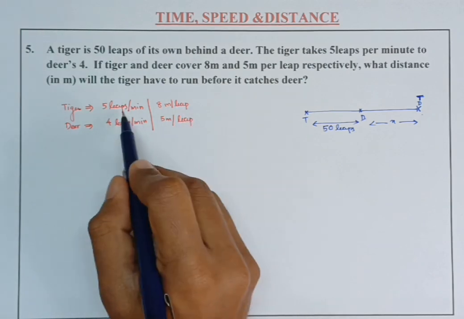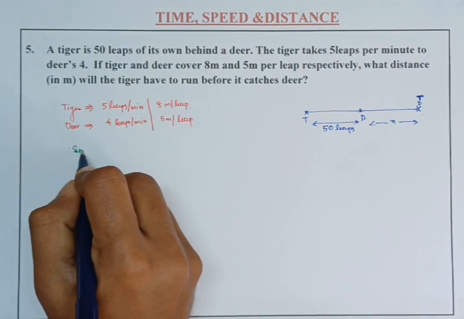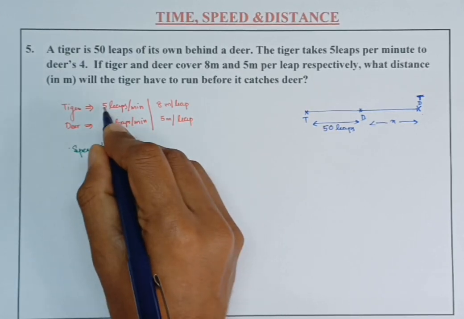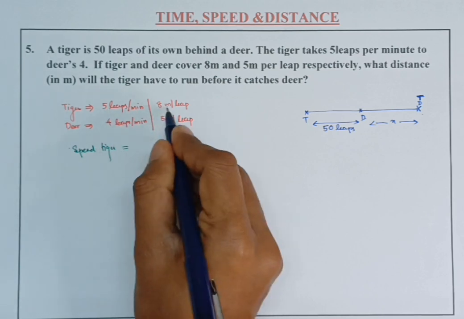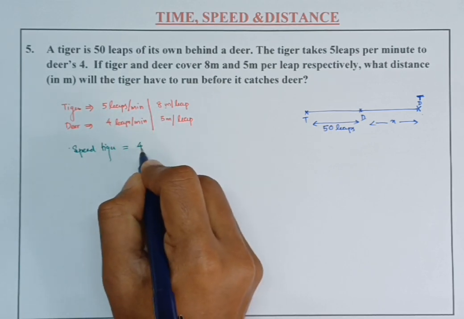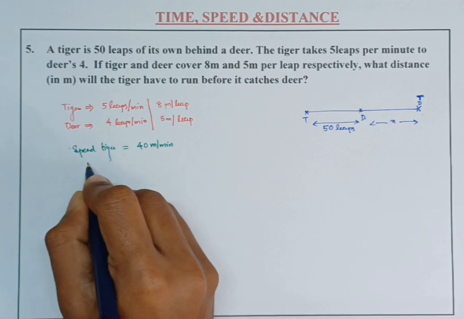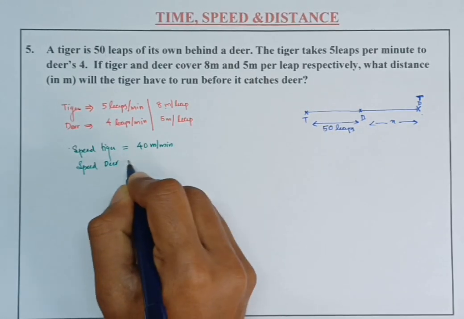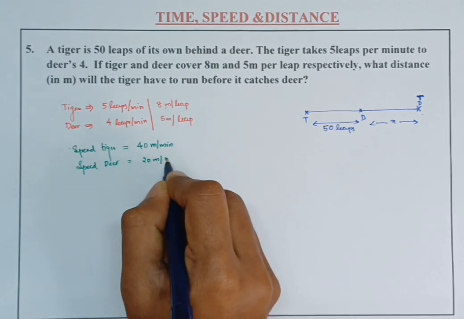So from these two values we can consider the speed of tiger as 5 leaps, and per leap it is taking 8 meters. So 5 into 8, that is 40 meter per minute, and speed of deer will be 4 into 5, that is 20 meter per minute.